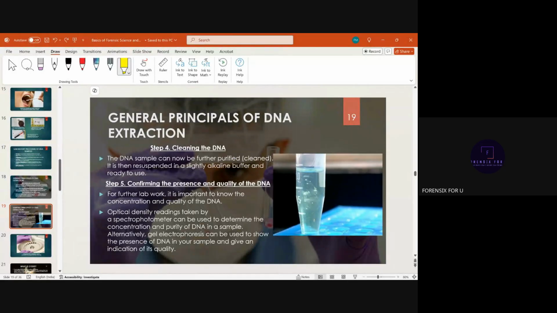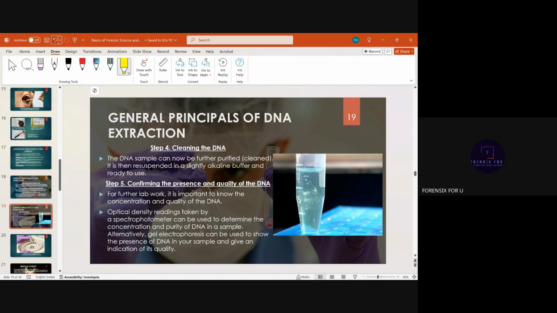Now, once the DNA is cleaned and separated, it is very important to confirm whether whatever you have collected contains any amount of DNA or not. And if it contains any DNA, whether this DNA is suitable for creating a genetic profile, or whether it is fragmented, broken DNA, and the markers can either be identified or not. Right? So for further lab work, it is important to know the concentration and quality of DNA.